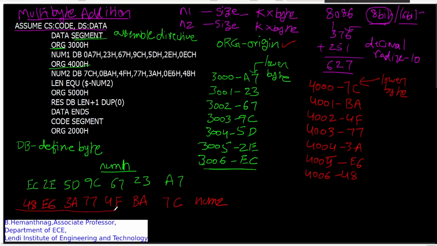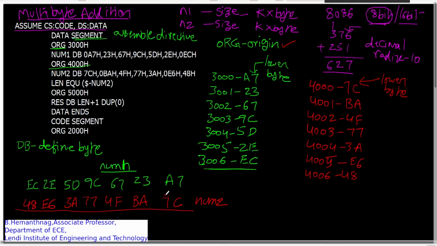If I have to manually perform the addition of these, we start with the lower byte. We are going to perform byte by byte addition, repeating it from the lower end until we reach the highest byte that is available. So this is the first position. We'll be adding the bytes of number 1 and number 2 in the corresponding first position.